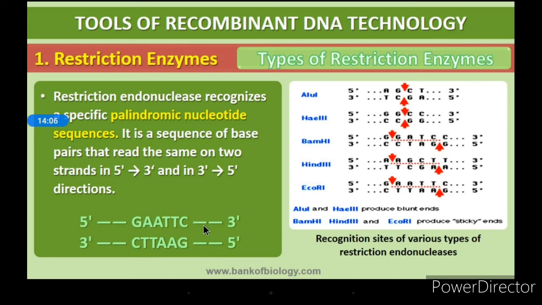So restriction endonucleases recognize a specific palindromic nucleotide sequence. That means it is a sequence of base pairs that reads the same on two strands. For example, Malayalam: the word is written such that reading both ways, we get the same. Such words are known as palindromic. Words like madam, MADAM, read both ways the same, right? Malayalam we all know.